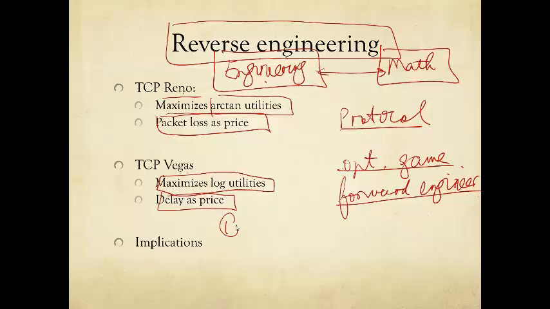For example, one implication is that for TCP Reno, if you increase the buffer size of these routers, it does not help with equilibrium packet loss. Mathematically, that's trivial to see because in TCP Reno, the NUM problem is maximizing arctangent utility subject to link capacity constraints.